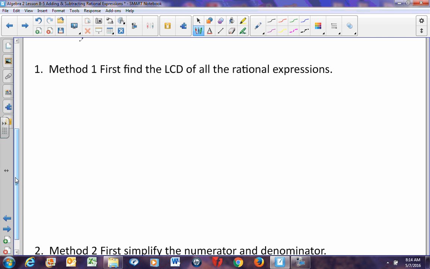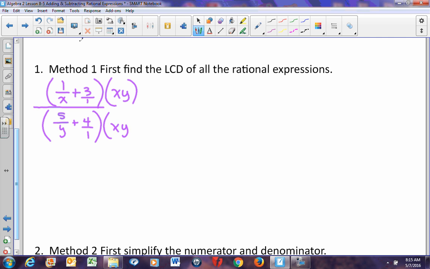The first method is to find the least common denominator of all the rational expressions. So if I have 1 over x plus 3 divided by 5 over y plus 4, and I put a 1 under this and a 1 under this, I would need the common denominator of x, y. So I'm going to take this entire fraction up here and multiply it by xy, and take this entire fraction down here and multiply everything by xy, because all we're doing is finding the least common denominator of the entire rational expression.